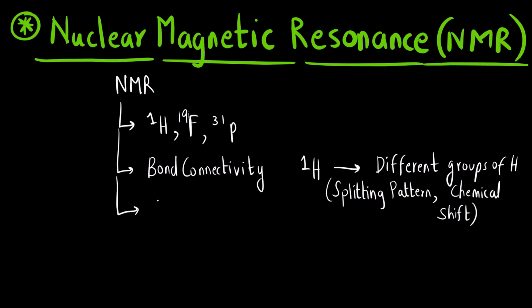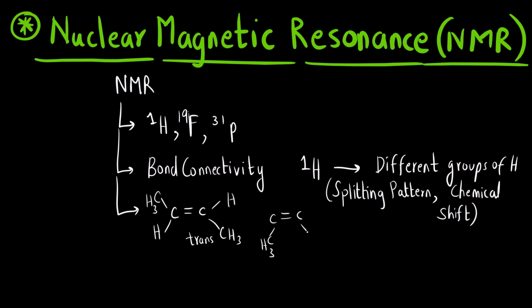What else can we come to know? Suppose there are two isomers. We can come to know about geometrical isomerism. Suppose this is trans 2-butene and there is cis 2-butene.